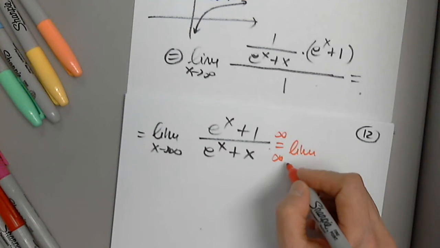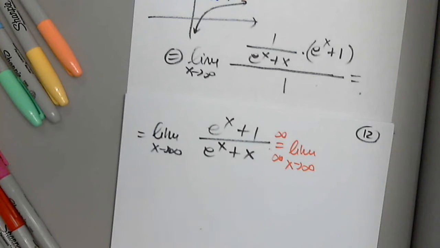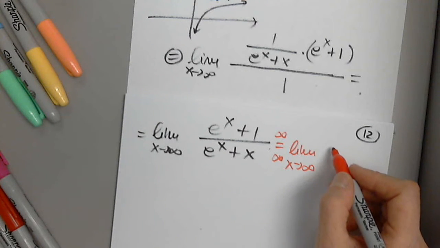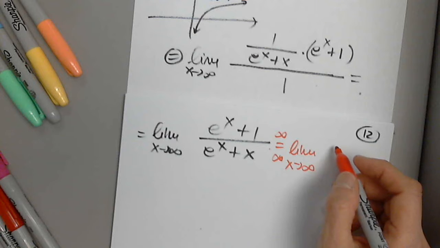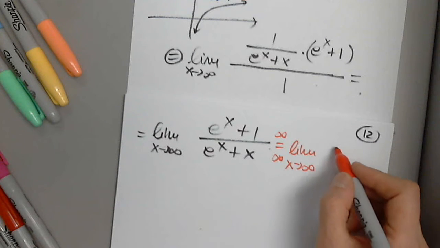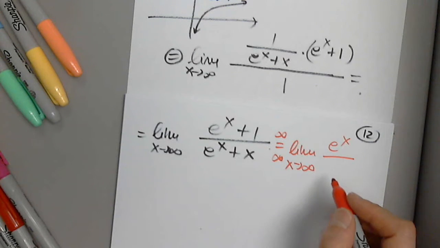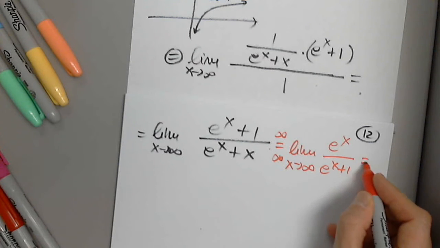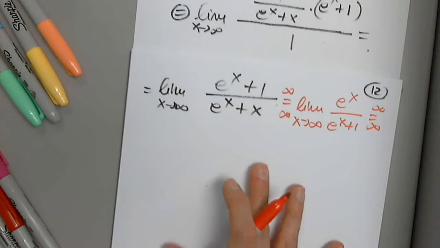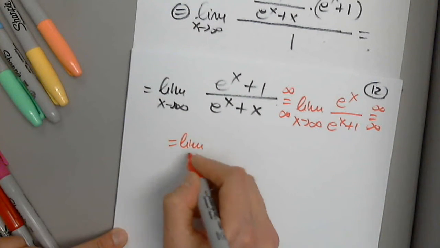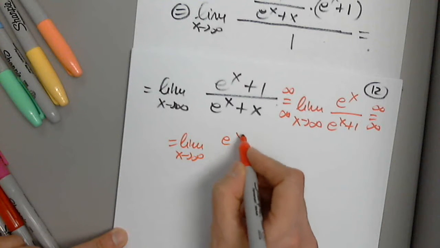So then limit as x approaches infinity, the top we differentiate as if it's by itself: e to the x. Good. The bottom: e to the x plus 1. Okay. Still infinity over infinity. The top will go to infinity.